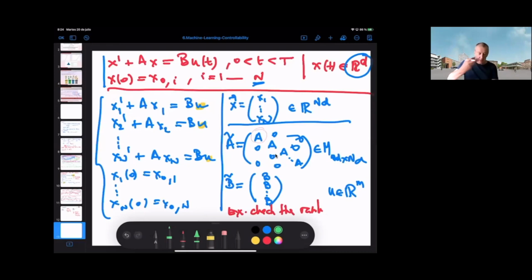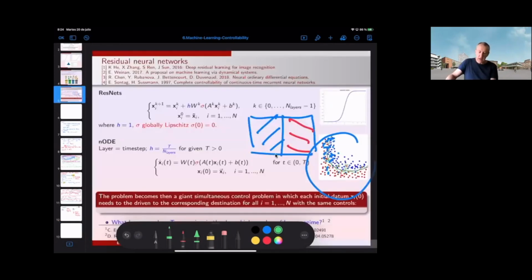So we really need to go into the nonlinear setting. But here we are lucky, because when we are indeed working with the residual neural networks and the neural differential equations, the nonlinearity entering the dynamics is really nonlinear.